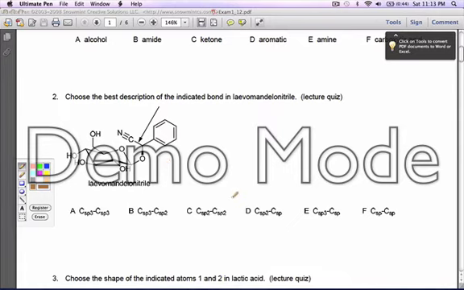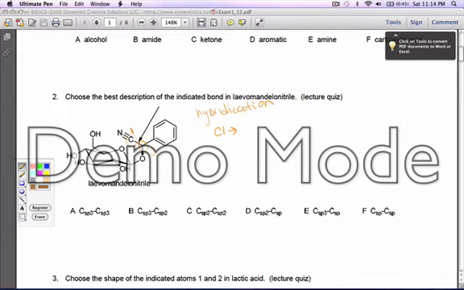So in this question, you are looking at this carbon over here and this carbon over here. Let's label this carbon 1 and label this carbon 2. And we are going to want to know the hybridization of this carbon and this carbon. So let's look at carbon number 1.